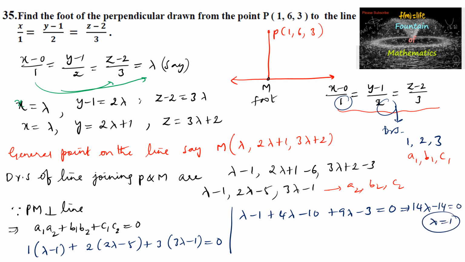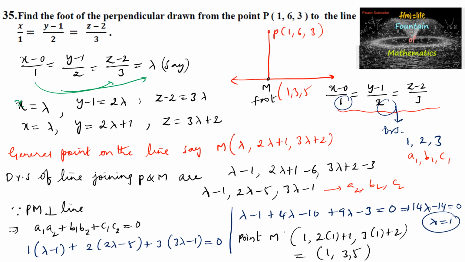So we can consider the foot of the perpendicular, point M, as 1 comma 2 into 1 plus 1 comma 3 into 1 plus 2, which is 1 comma 3 comma 5. So the foot of the perpendicular is 1 comma 3 comma 5, that is the answer.